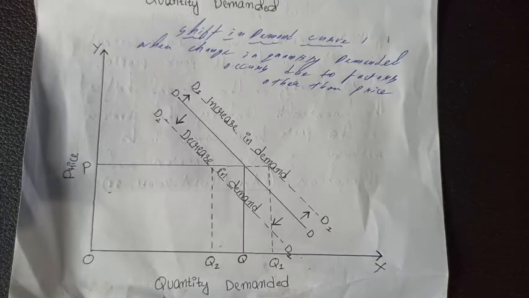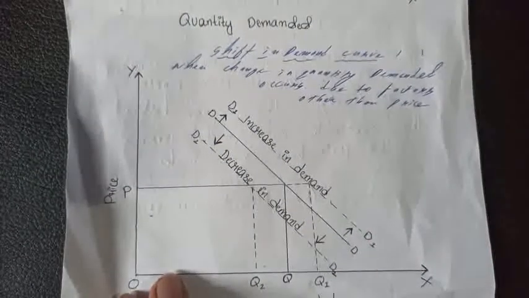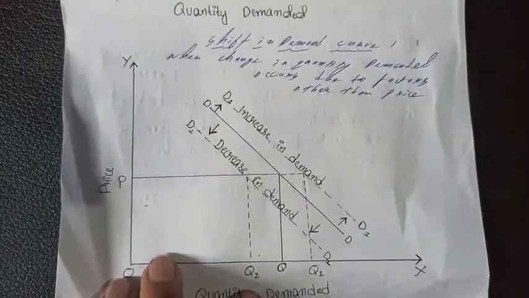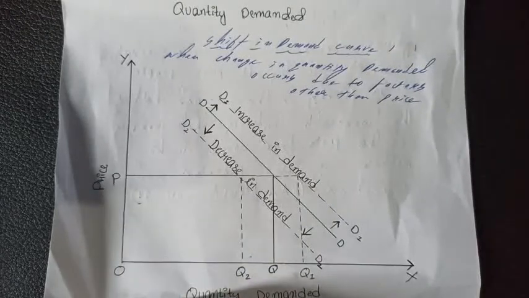But under shift in demand curve, there is a change in quantity demanded because of factors. What are the factors? Factors like income of the consumer, price of related goods, taste and preferences, size of markets, and other factors. So when there is a shift in quantity demanded because of factors other than price, then we call it shift in demand curve.